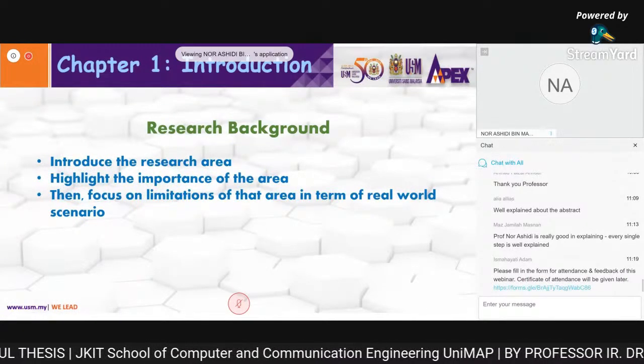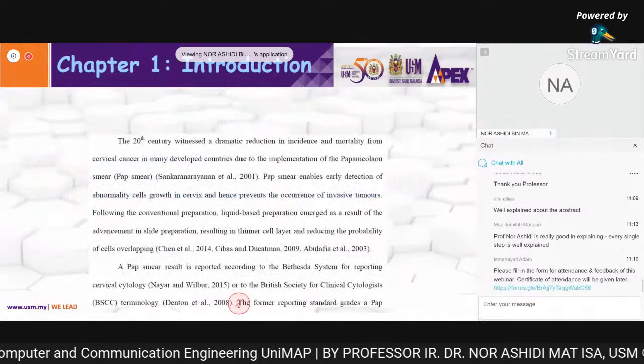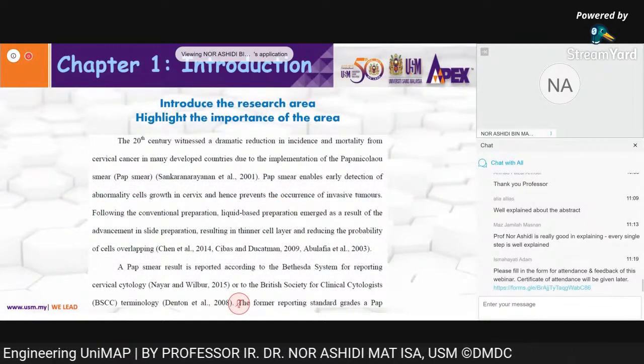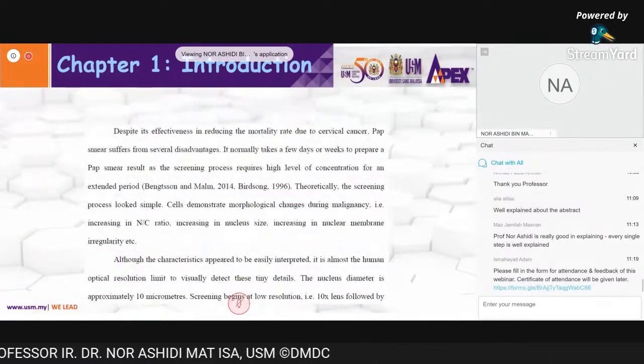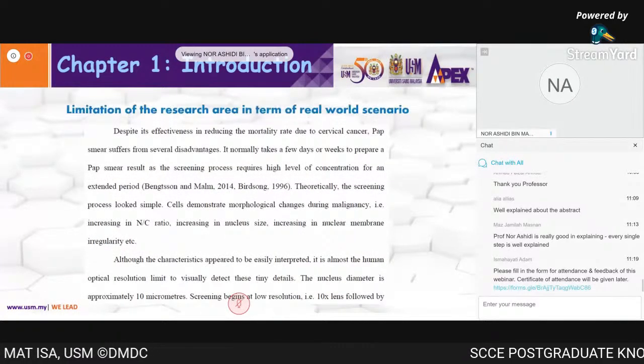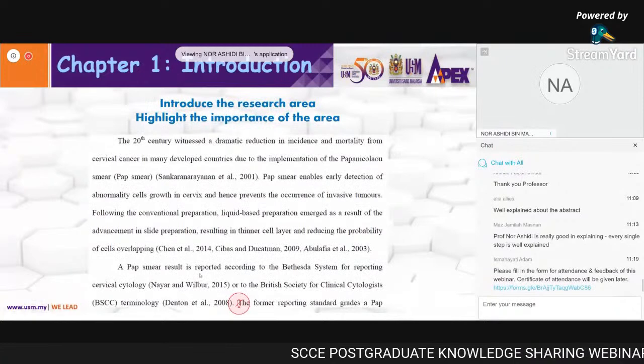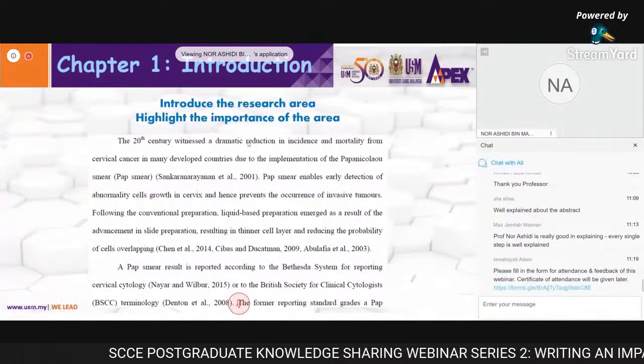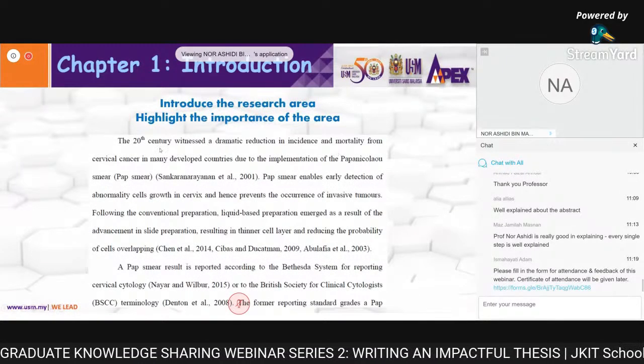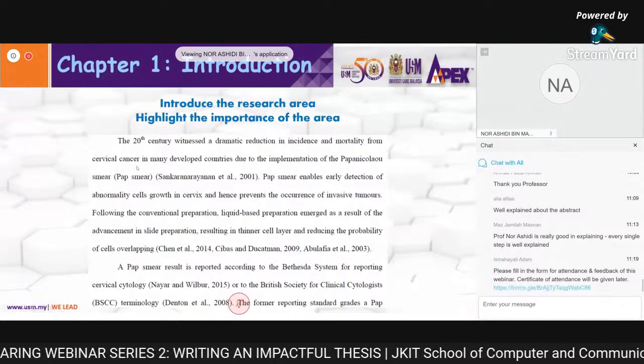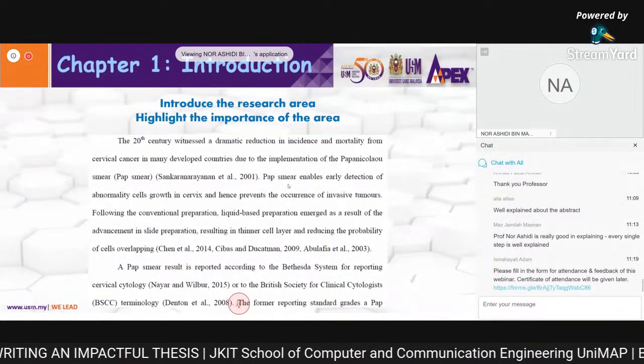Okay. Now, this is the example. Introduce the research area and the importance of the area. So I introduced cervical cancer, then I introduced pap smear.